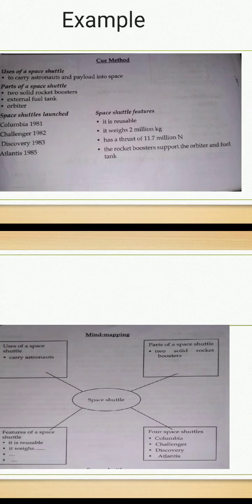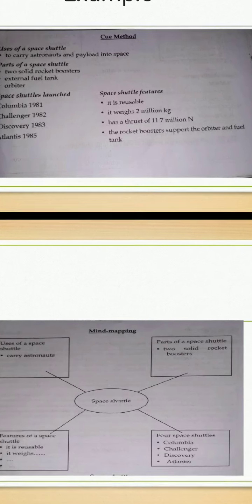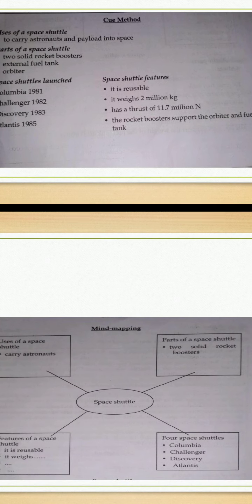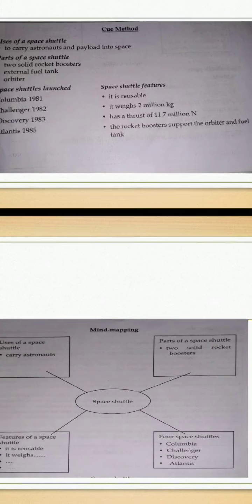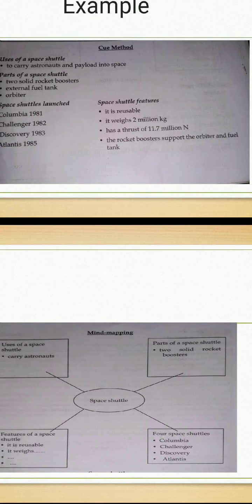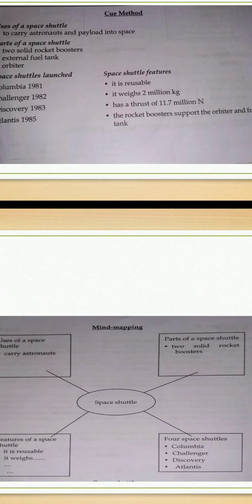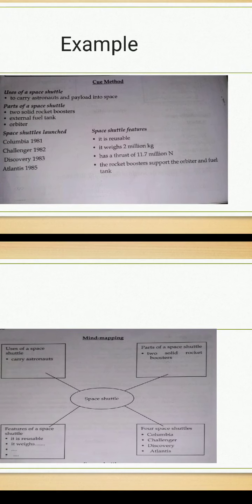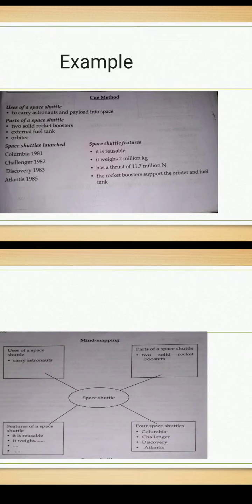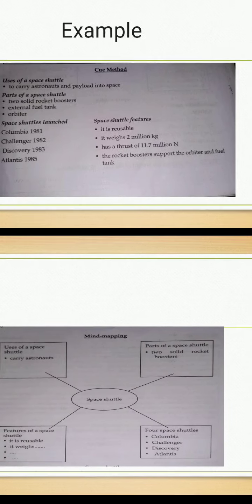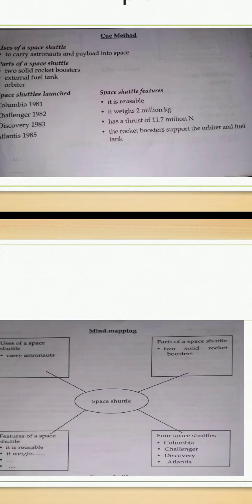In a T diagram, the stem plays an important role, and the other parts are not so important; they come in branches or under branches.